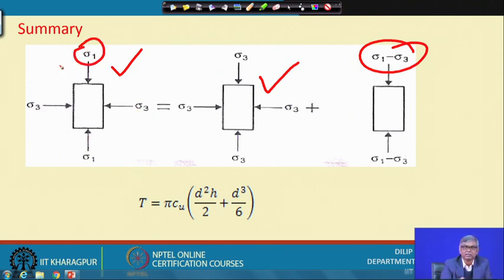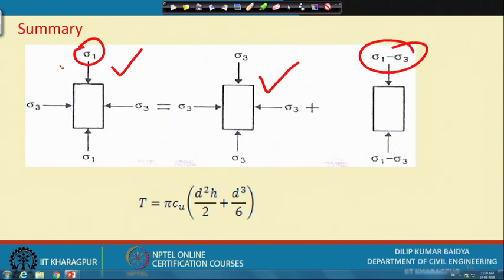Based on that sigma 1 and sigma 3, we can form the equation as shown previously. If I have 2 sets of tests, I get 2 equations, and solving them I can find C and phi. If you have more than 2 results, then in combinations of 2 I can again get C and phi, and finally I can get the average value.